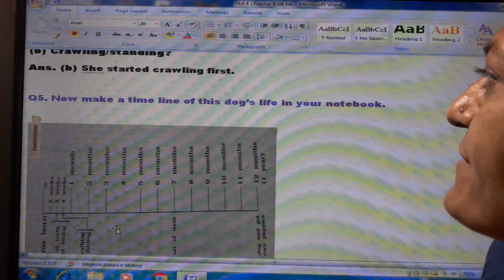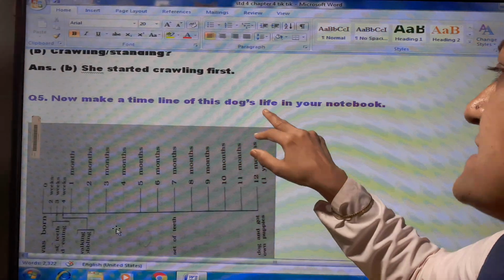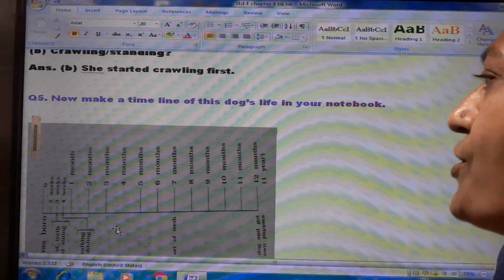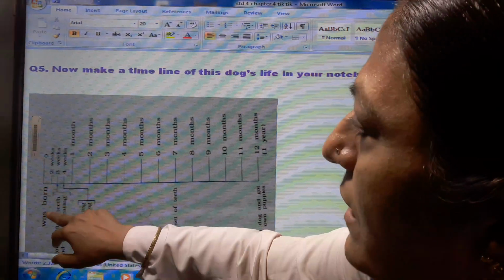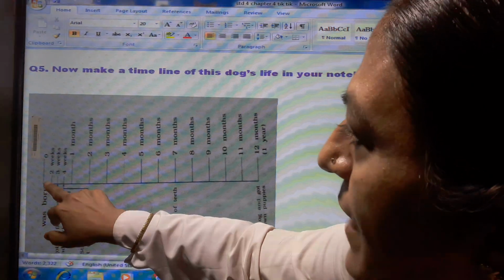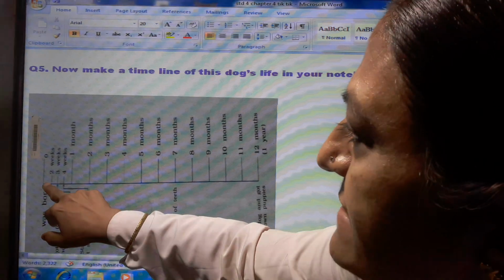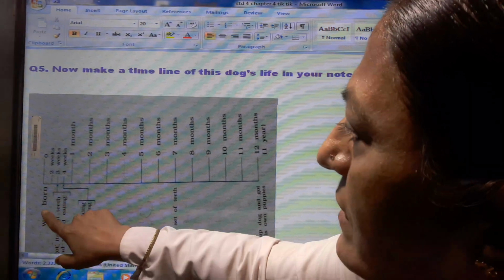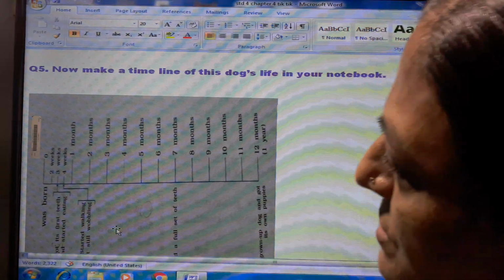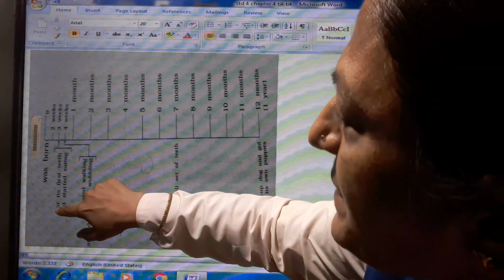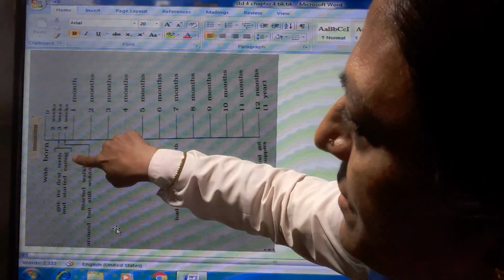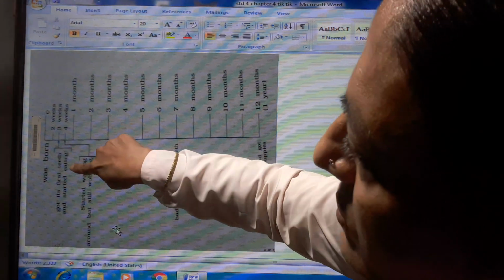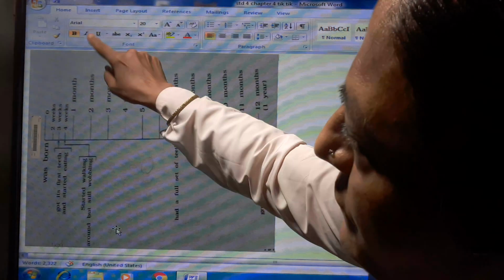Now make a timeline of this dog's, meaning puppy's, life in your notebook. First of all, here 0, it was born. Afterward, first week, second week, third week and fourth week. In the third week, the puppy got her first teeth and started going in the fourth week.